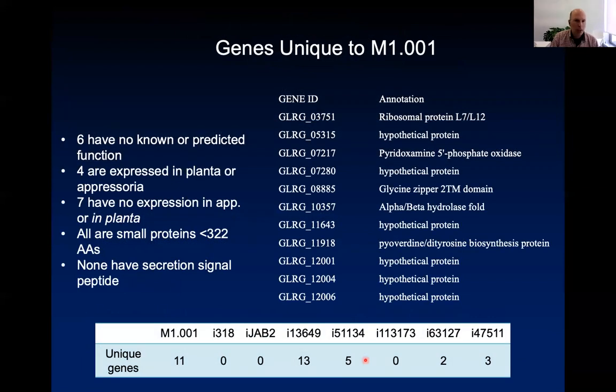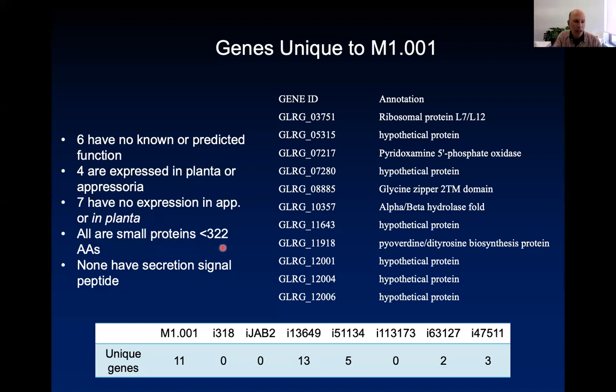Well, first of all, let's look at the genes that are unique to M1001. There's 11 of them here. Okay, these are genes that are only found in M1001. And we have an annotation for them. And what you can see is that 6 of them have no known or predicted function. They're hypothetical proteins. 4 of them are expressed either in planta or in appressoria, based on looking at the RNA-Seq experiment that was published in the genome paper. 7 have no expression in appressoria or in planta.